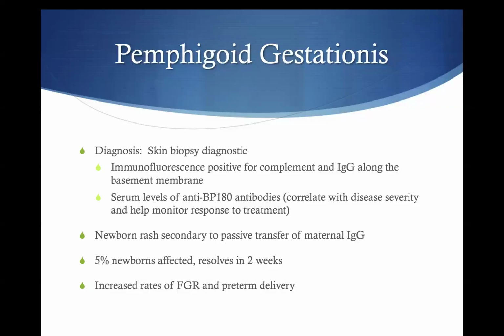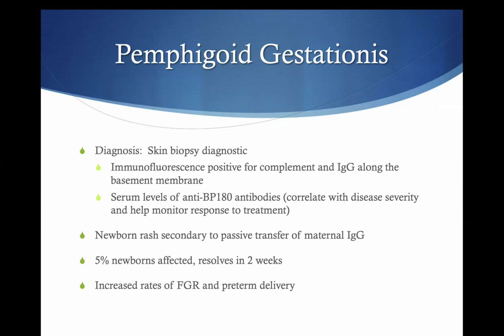So the way to make the diagnosis other than visually is to perform a skin biopsy. Skin biopsies are actually crazy easy to perform. Anybody can inject some local anesthetic and perform a skin biopsy.